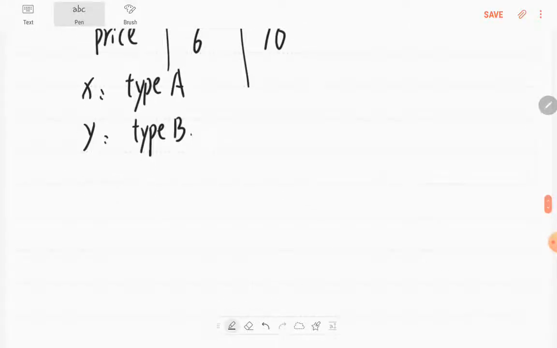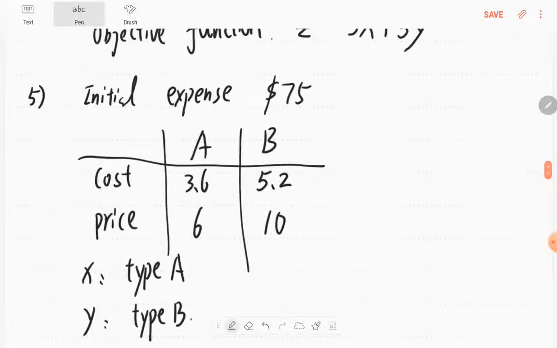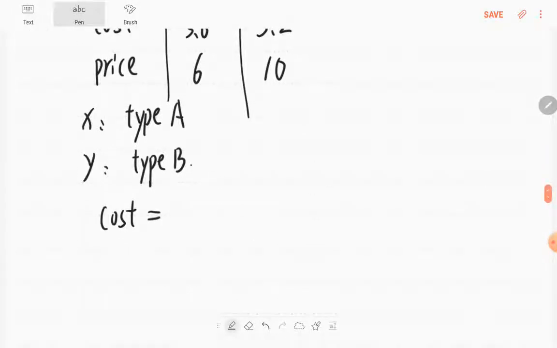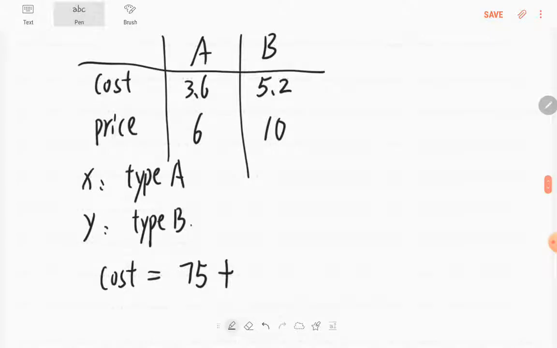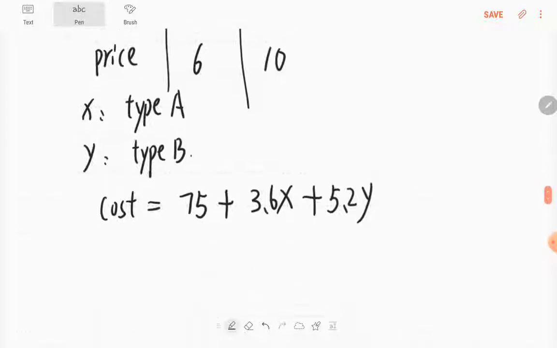Okay, so first, what is the cost? The total cost is the initial expense, $75, plus the cost for type A, which is 3.6 times X dollars, plus 5.2 times Y dollars for type B. So this is the cost.